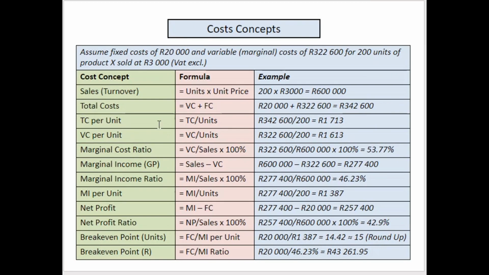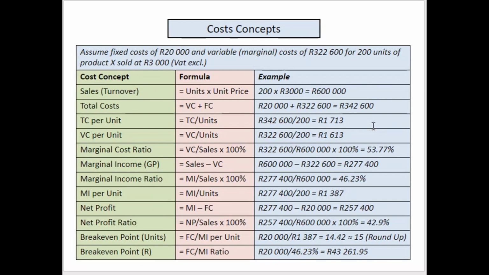So the total cost per unit is the total cost divided by the number of units, 342,600 divided by 200, and that cost is now 1,713 Rand. Okay. And that's handy to know, but what is more important for us to know, and you will see why it is more important just now, is our variable cost per unit. Okay.